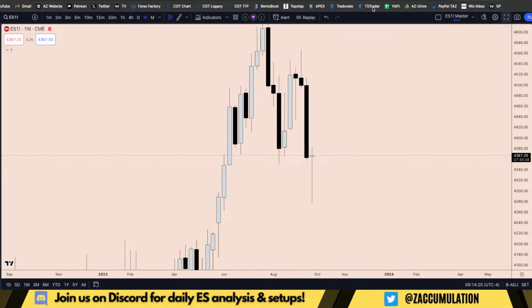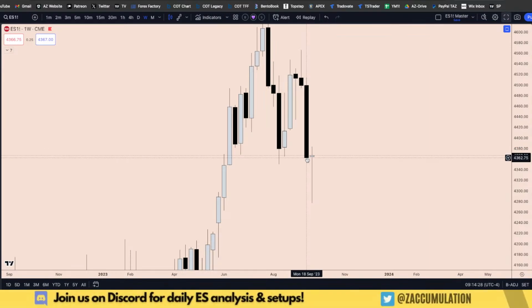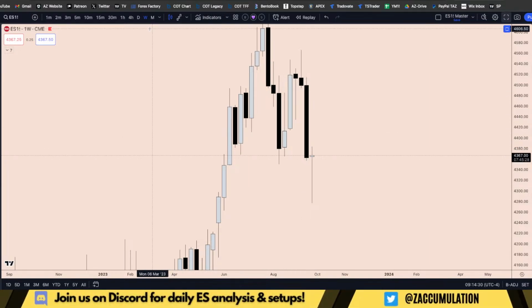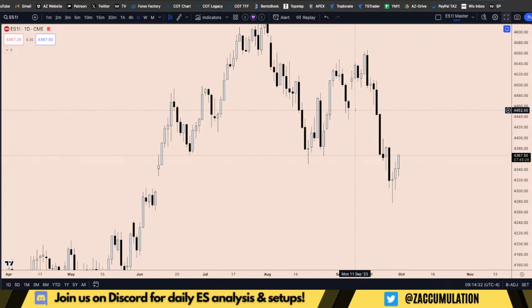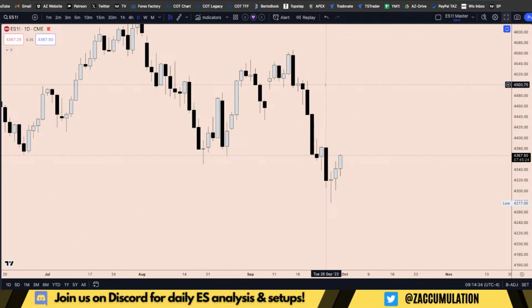So like for example last week on Friday we saw, okay, we had a strong bearish candle. We continue lower, lower, lower, lower. And if we go back to last Friday on the daily candle, right here, last Friday, Thursday, Friday. This was last Friday.